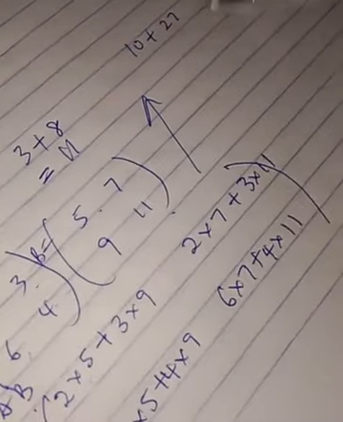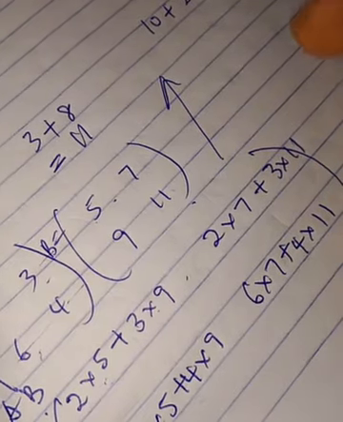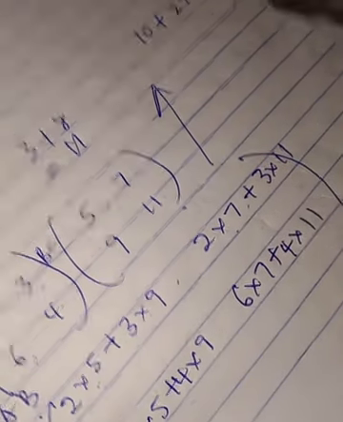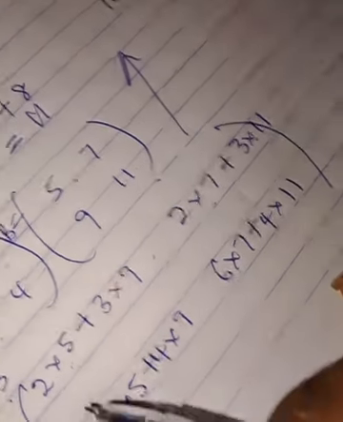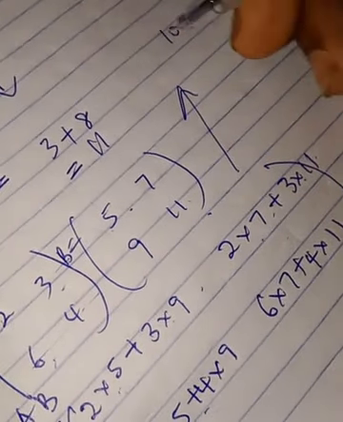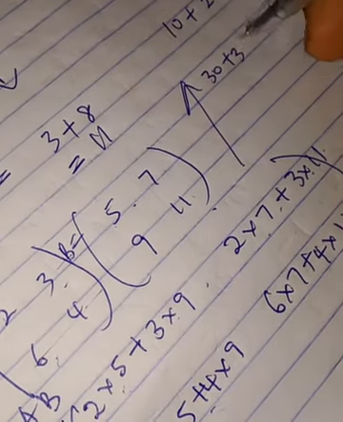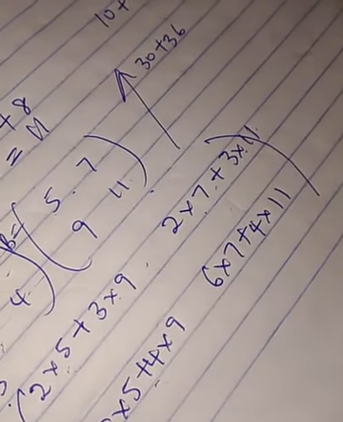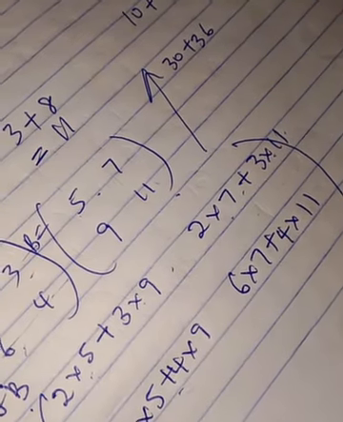So from what we have here now, we have 2 times 5, which is 10, 3 times 9, which is 27, 2 times 7, which is 14, 3 times 11, which is 33. Then the next part, we have 6 times 5, which is 30, 4 times 9, which is 36, 6 times 7, which is 42, plus 44.